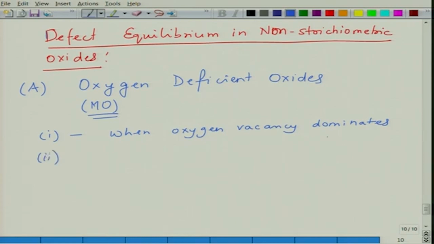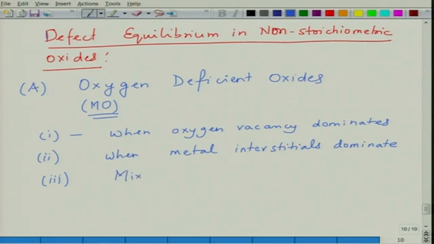So, if you have oxygen vacancies, you can also have metal interstitial, not mental, it should be metal. And the third scenario could be mixed, when both are present. So, these are the three scenarios that we will look at.